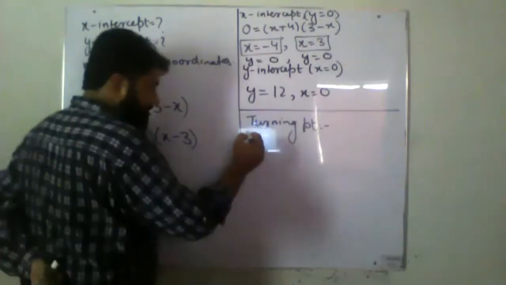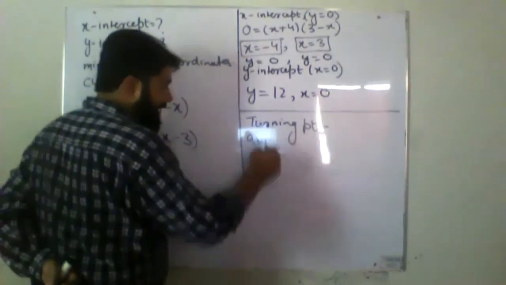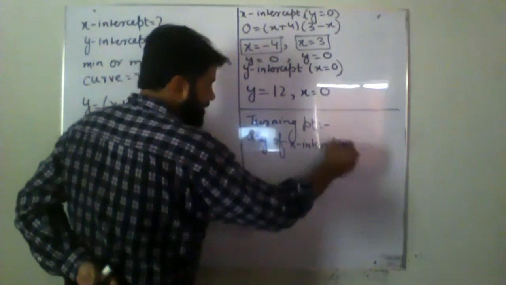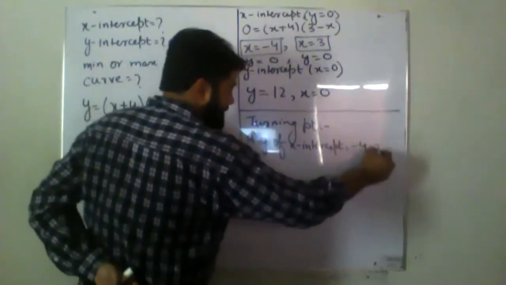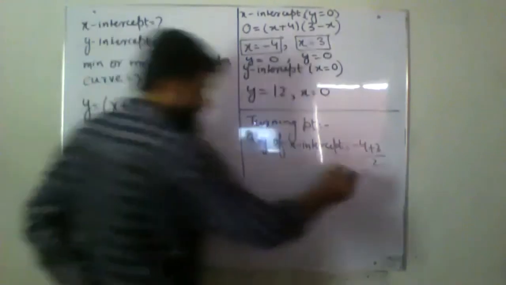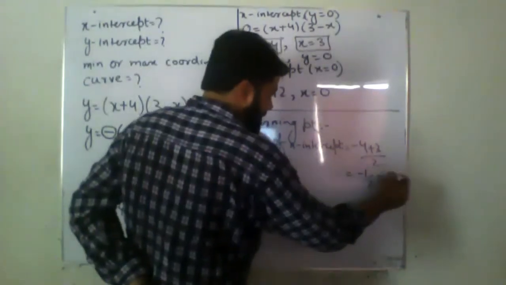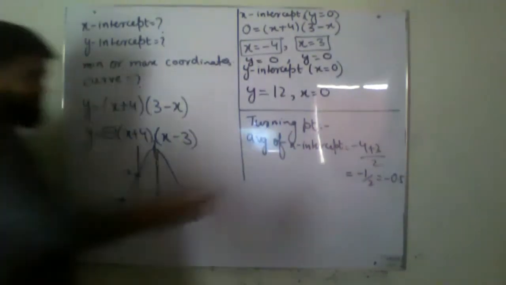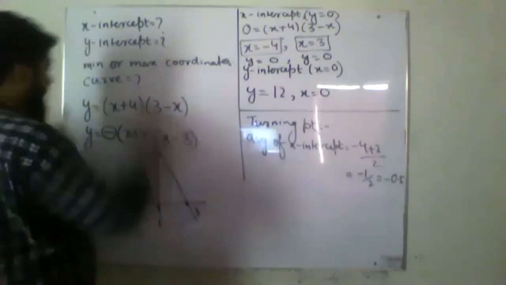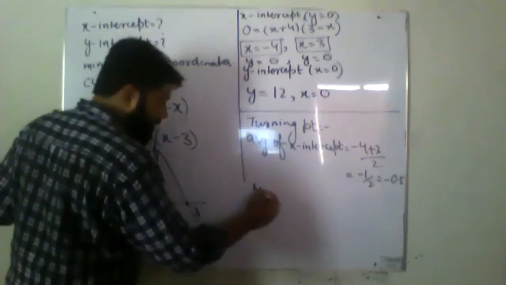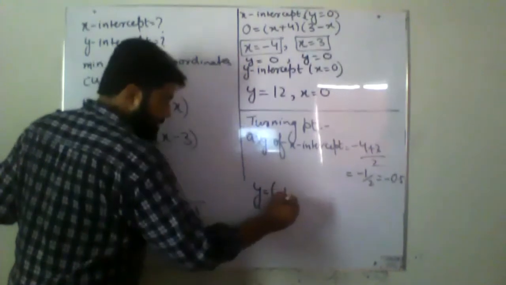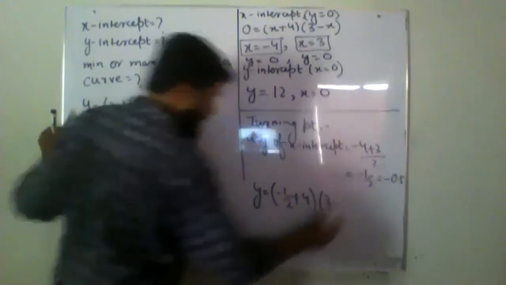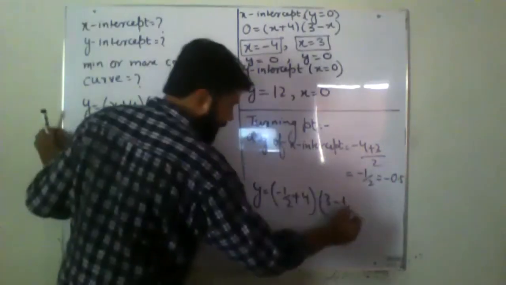First of all, I will take the average of the x-intercepts. Average of x-intercepts means minus 4 plus 3 upon 2, and when I simplify it, minus 1 over 2, which is minus 0.5. So I have got the value of x as minus 0.5. Putting it in the main equation, y equals minus 1 upon 2 plus 4, times 3 minus 1 upon 2.